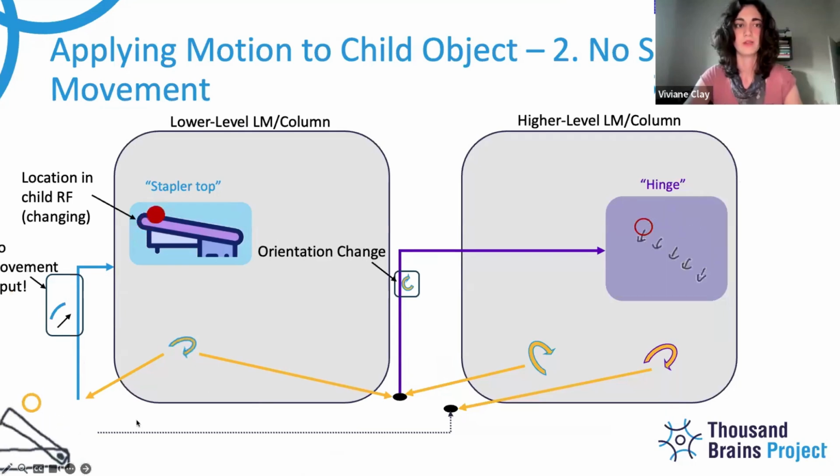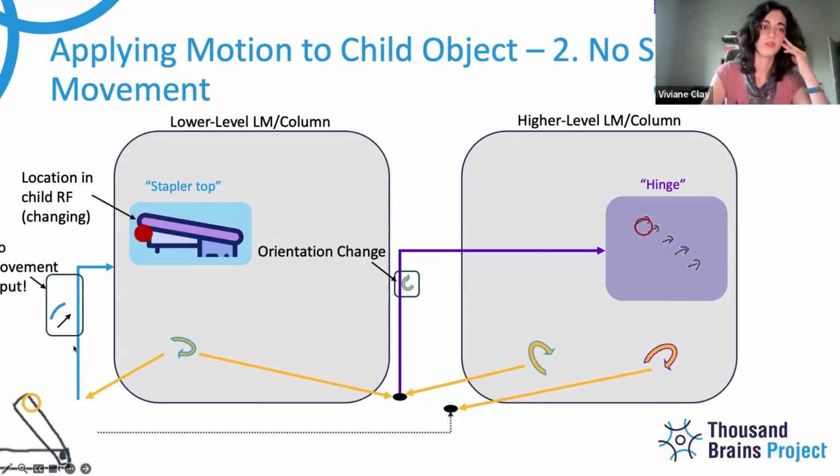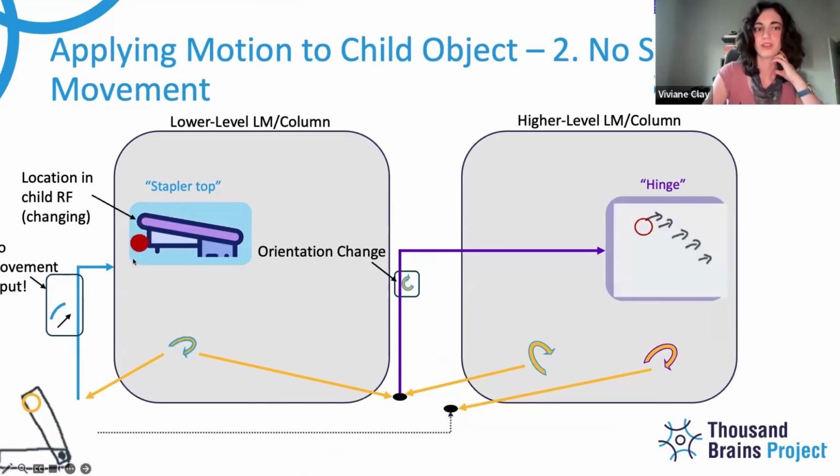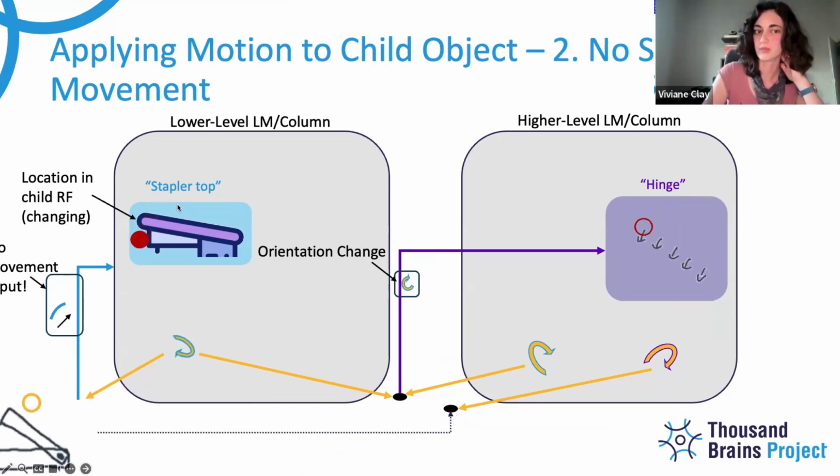In the second scenario, where the sensor is not moving, but the object is moving, we're not getting any movement input up here, but we actually want to be moving in the child object's reference frame to make the correct predictions of which features we want to sense at what point in time.